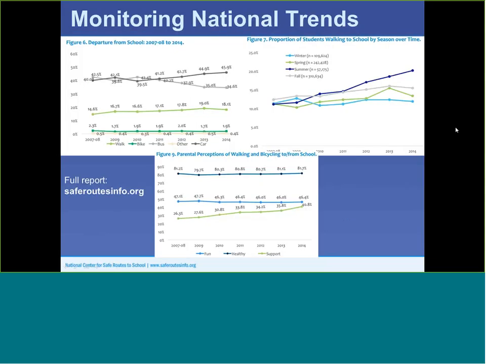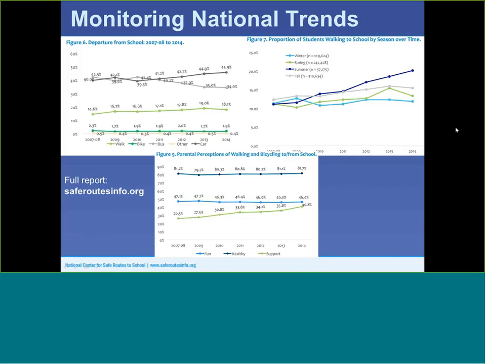And then what we're able to do at the National Center, this comes from the last trends report we had put together, looking at a really large sample, 6,500 schools, and their patterns about how they got home from school, their departure, also what impact weather seemed to have.